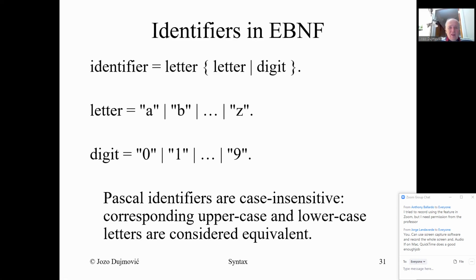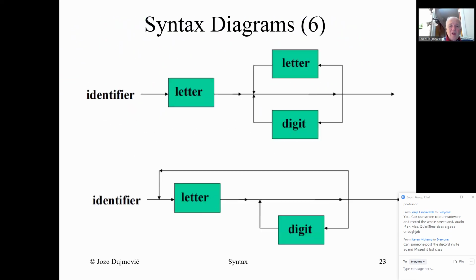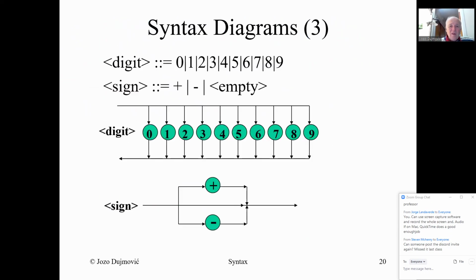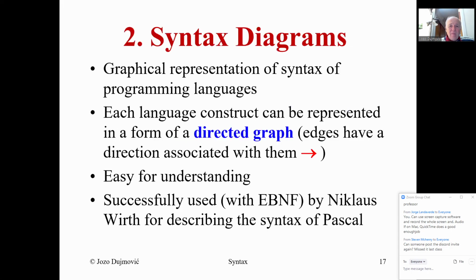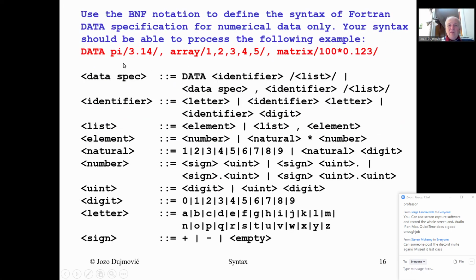One thing that we have not mentioned, but let me mention here. If we go to one of these examples, for example this one here, we have here various objects.